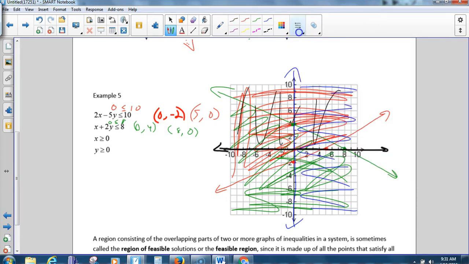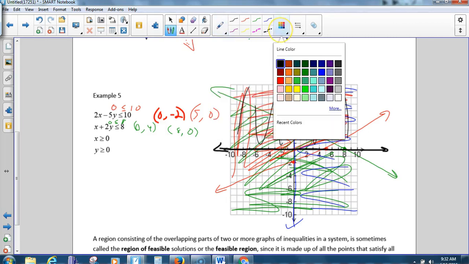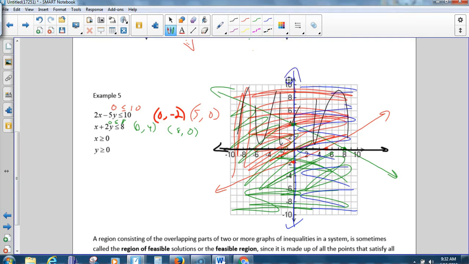And this is where it gets kind of confusing. You've got to pay attention. So let's go with a new color, let's say orange. Now, we've got to look. It's got to be above the black line and right of the blue line. So it's going to be somewhere up in quadrant 1.